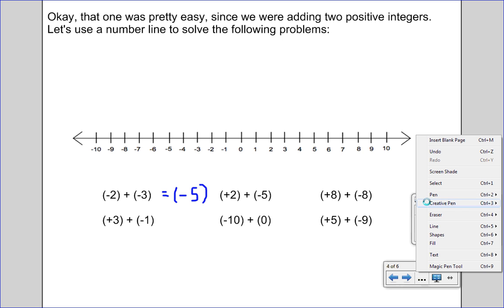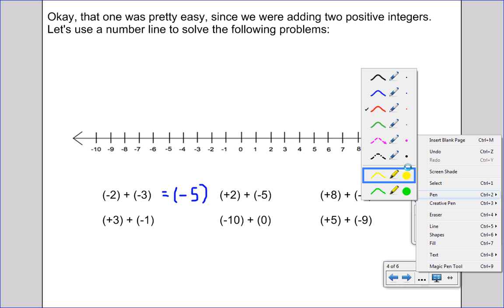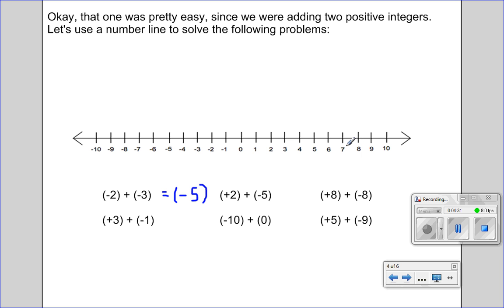Okay, so I'll switch back to my red. So I'm at positive 2 to start. The second integer is negative 5, so I have to move 5 spaces to the left. So 1, 2, 3, 4, 5. Which lands me on negative 3.